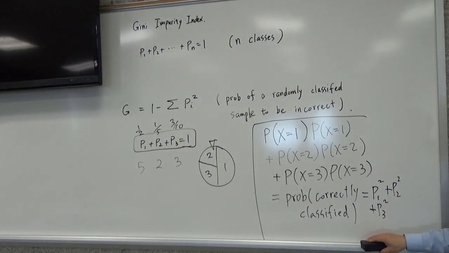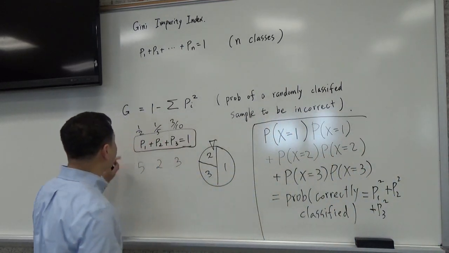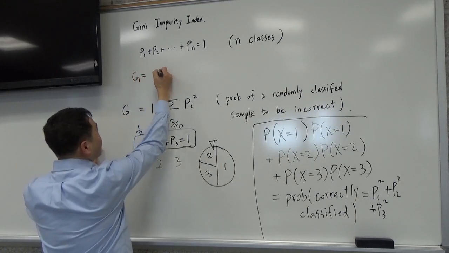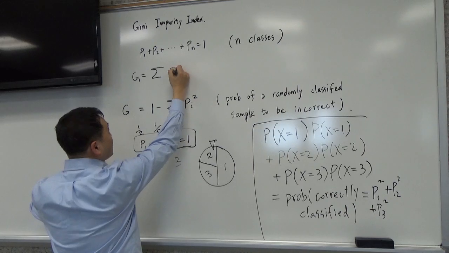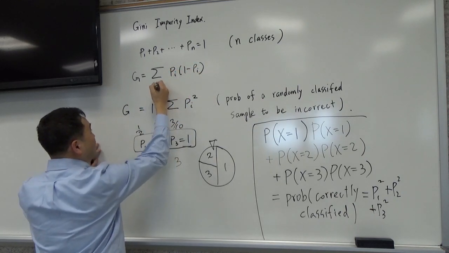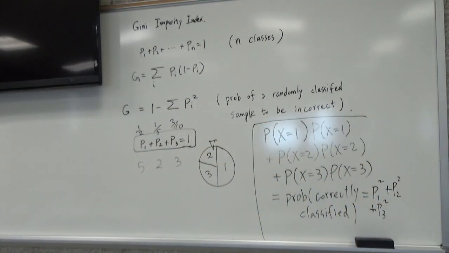Right? Now I want to give you a second formula because often in the literature some people write it like this: summation of pi times 1 minus pi, just like that. That's another way to write it.